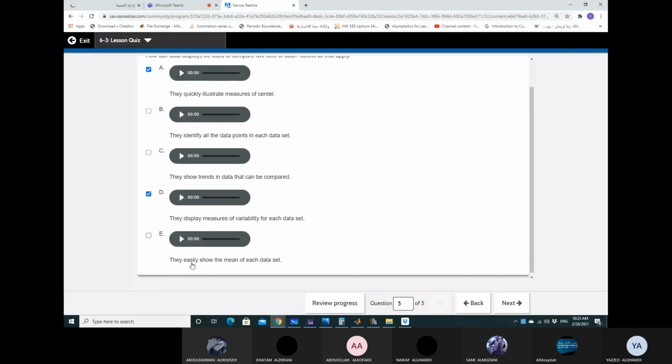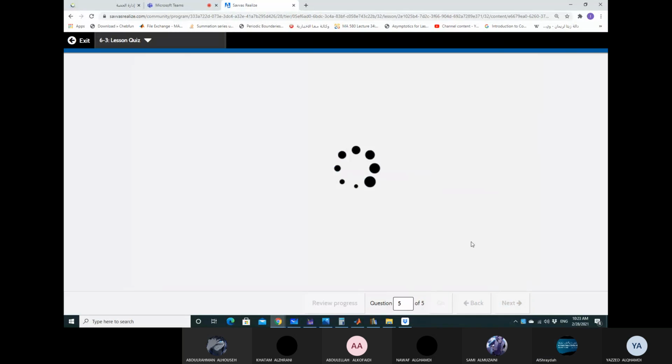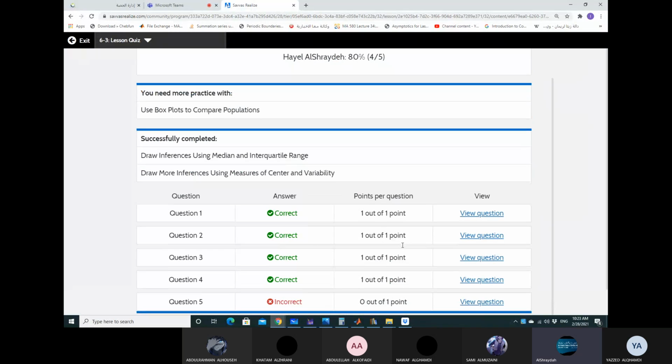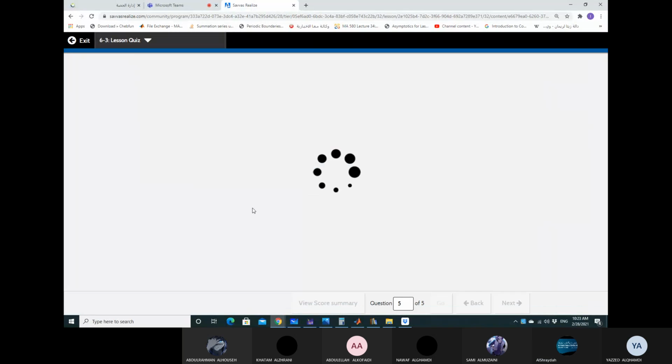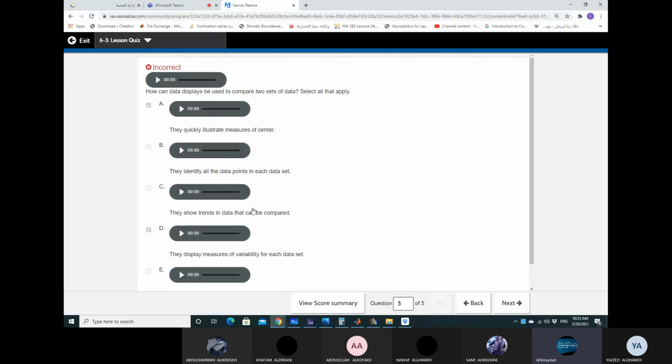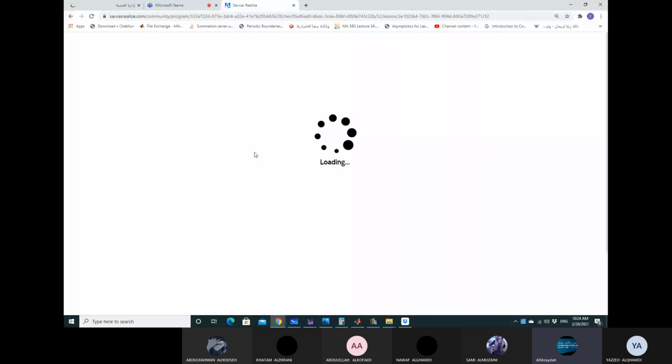Okay, so let's check. They quickly illustrate measures of center. Yes, they identify all. Yeah, I think this is the correct answer also.